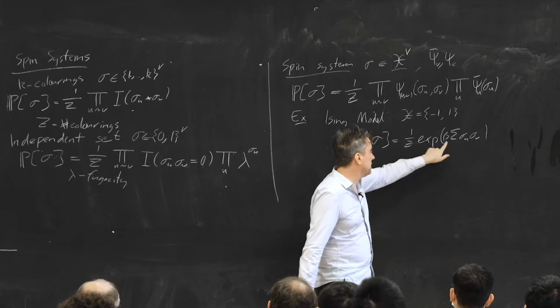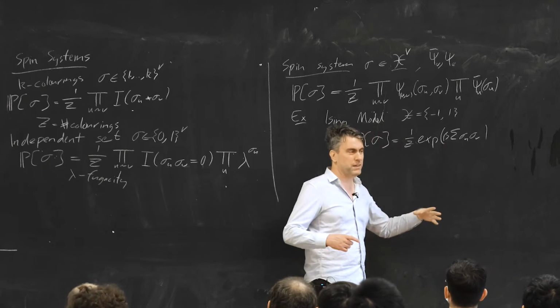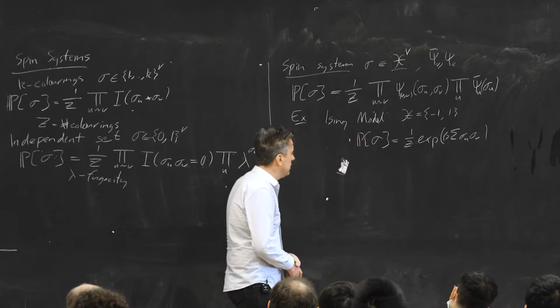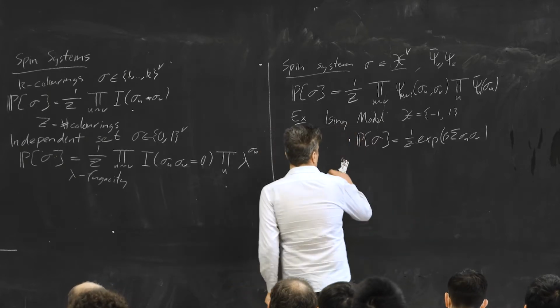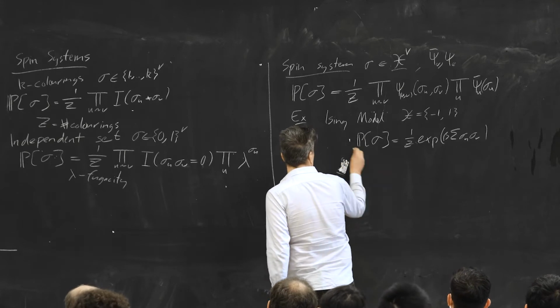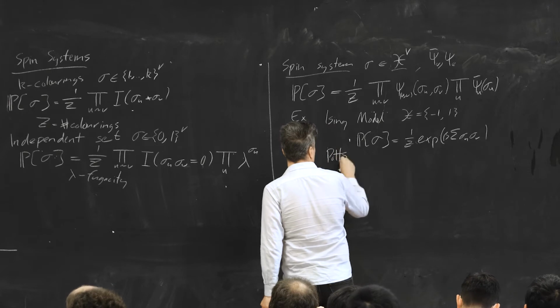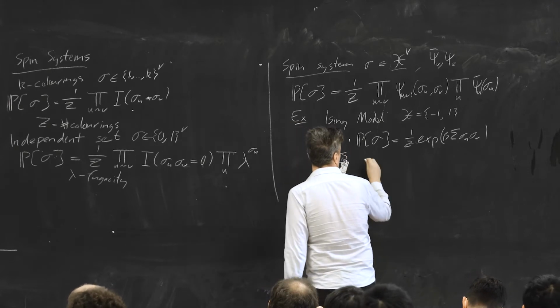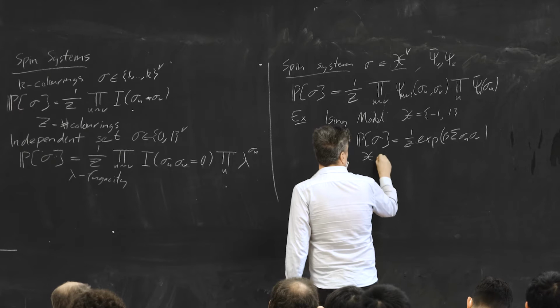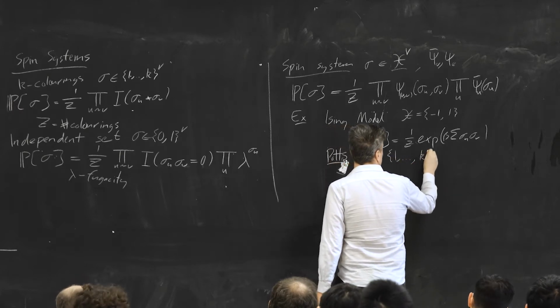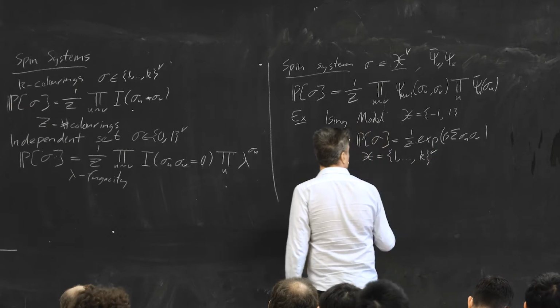So at least if beta is positive, this is biased towards having more pluses next to pluses and more minuses next to minuses. And this was with 2 states for each one. Another one is the Potts model, which generalizes this to k states rather than just 2.